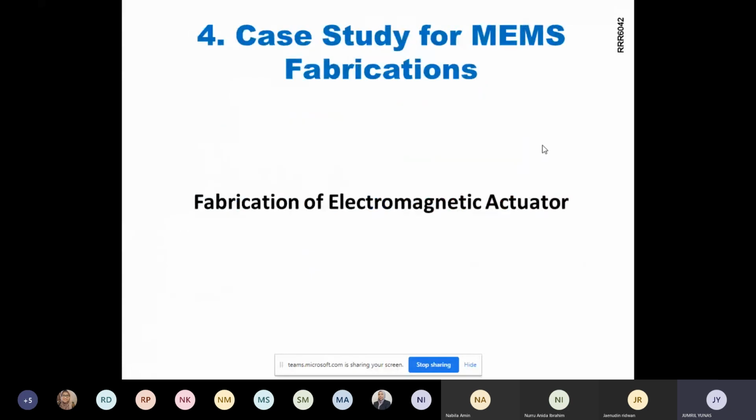Now we come to the last section. I want to show you a case study for a process of MEMS device. This is the case study for the fabrication of an electromagnetic actuator.